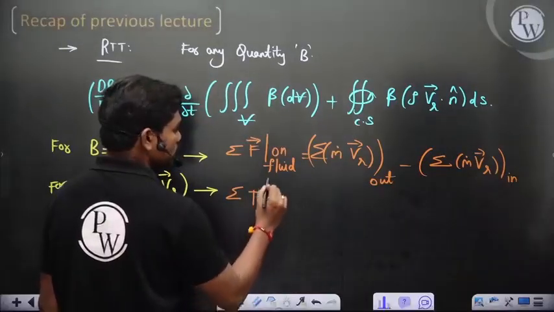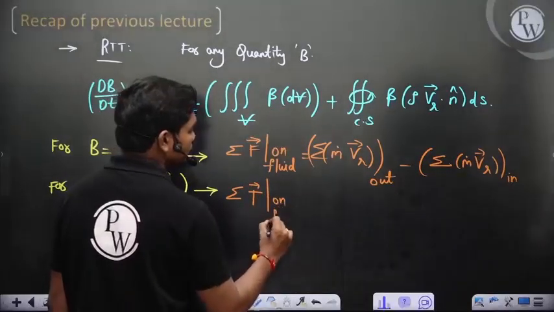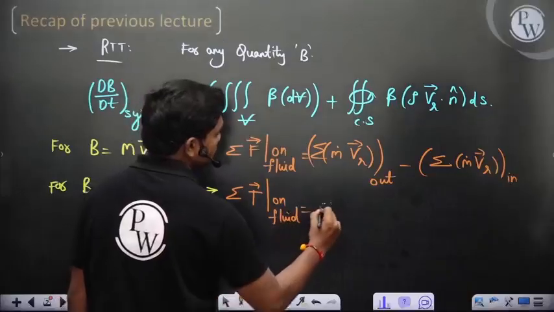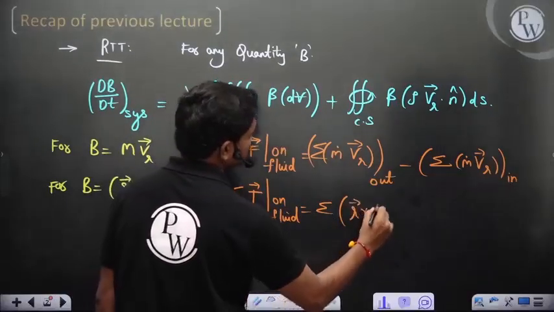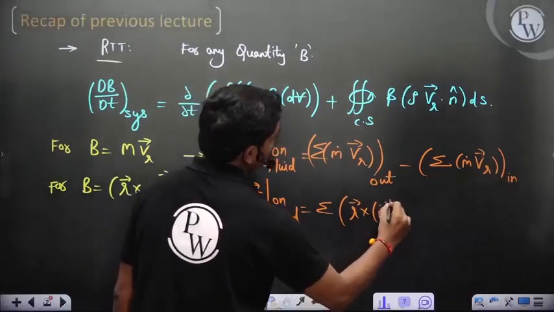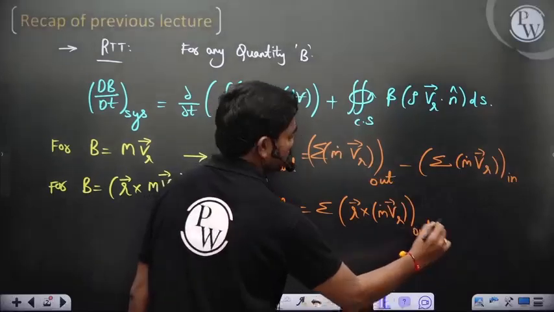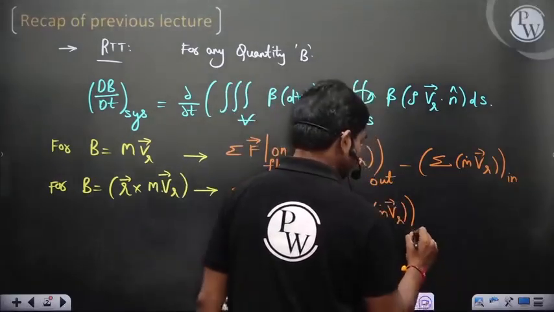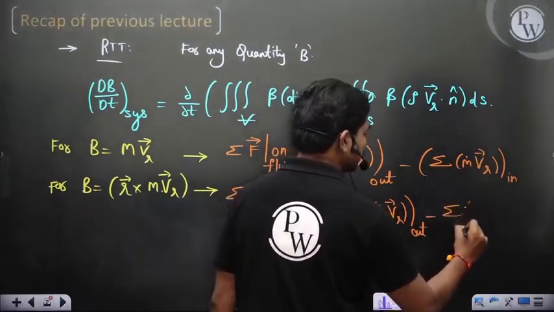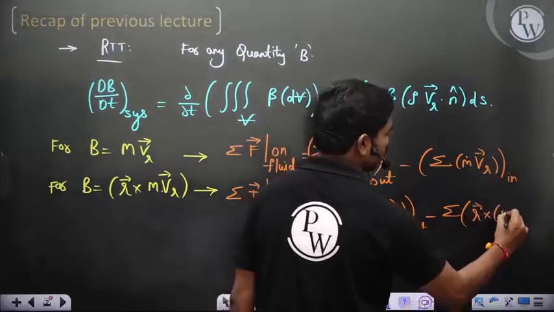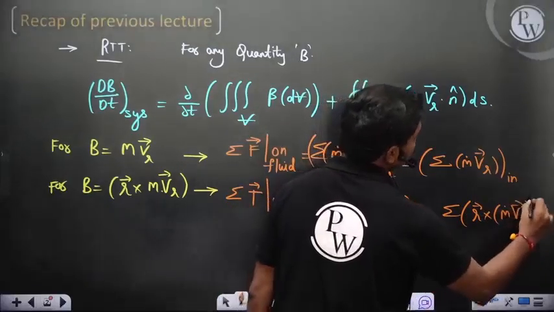So sigma torque acting on fluid is equal to summation r cross m dot vr at outlet minus summation r cross m dot vr at the inlet of course.